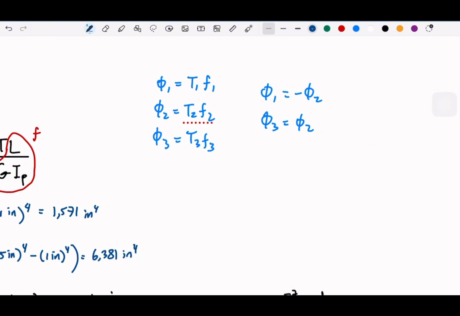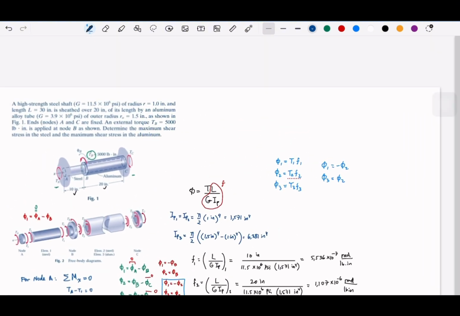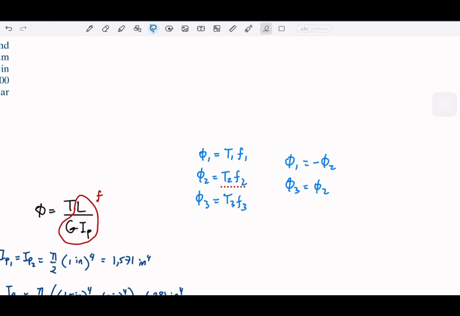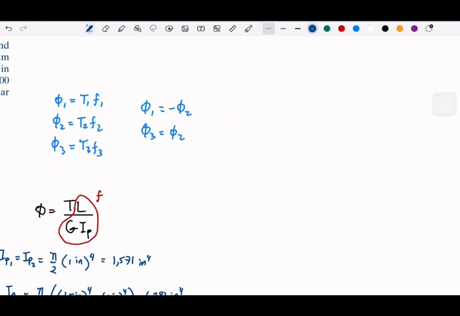So let's substitute. So substituting, let me write this around to the left. So we can write F1 T1 is negative T2 F2. And then F3 T3 is T2 F2. Or maybe to make it similar, maybe write F2 T2.